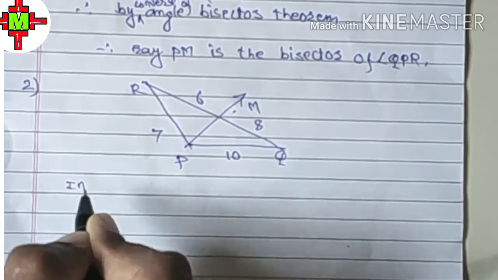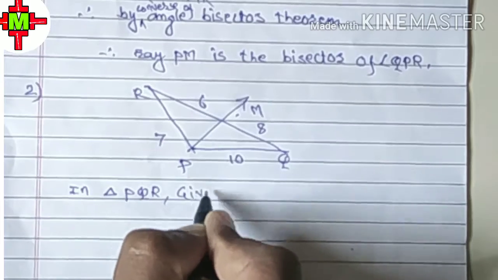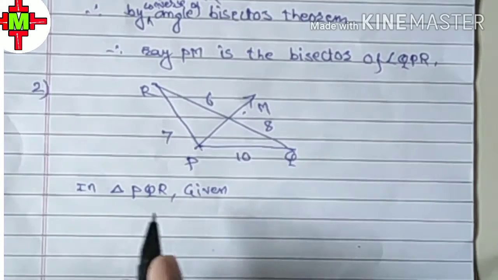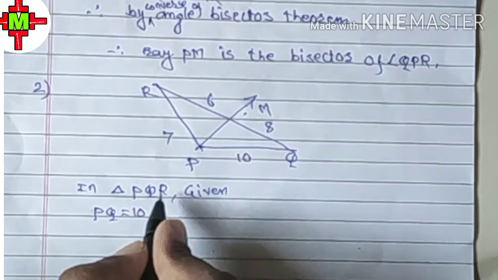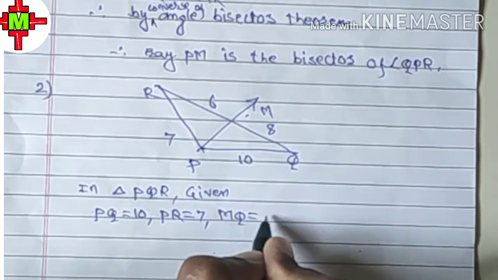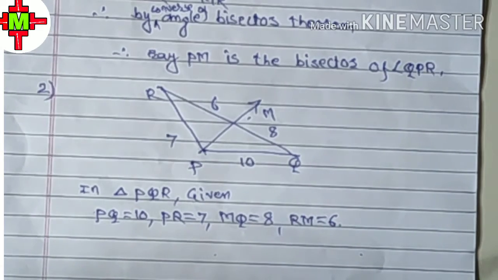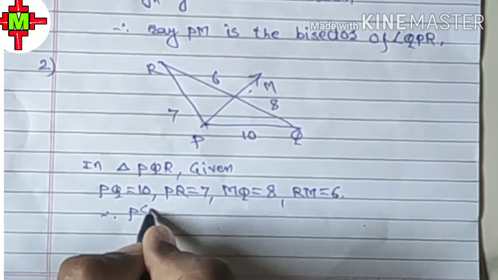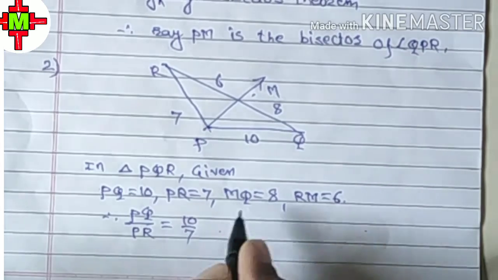In triangle PQR given PQ is equal to 10, PR is equal to 7, MQ is equal to 8 and RM is equal to 6. Therefore, PQ divided by PR is equal to 10 divided by 7. Give this equation number 1.